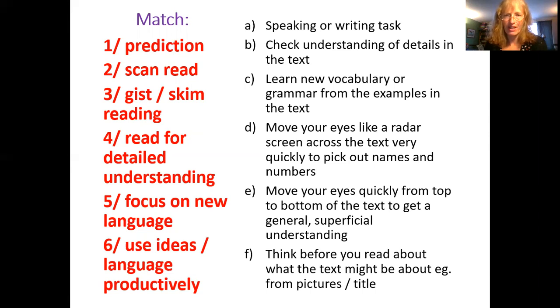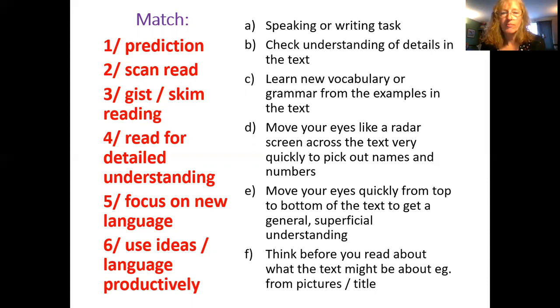Okay. Let's see if I have the answers. So 1 is F. Which one is scan reading? Scan is D, so it's like a radar screen. You scan for names with capital letters or numbers that jump out at you from the text. 3, gist skim reading is E. So that's when you move your eyes quickly just to get a general understanding of the text.